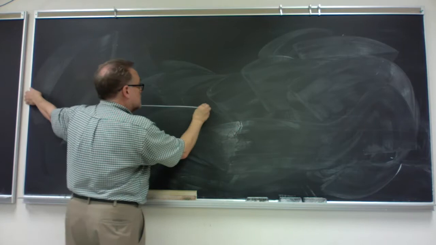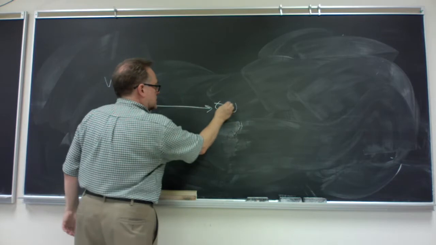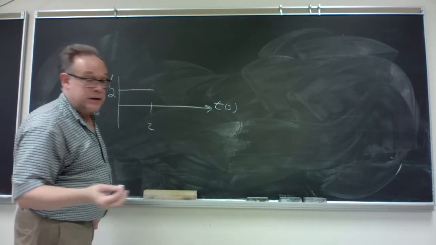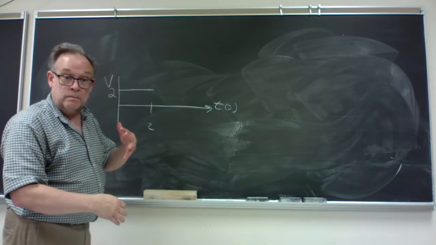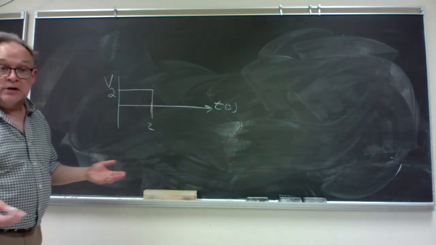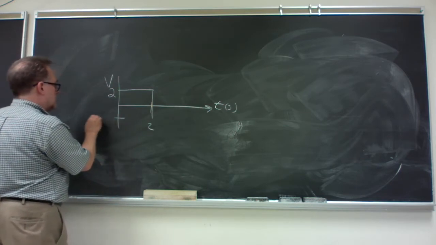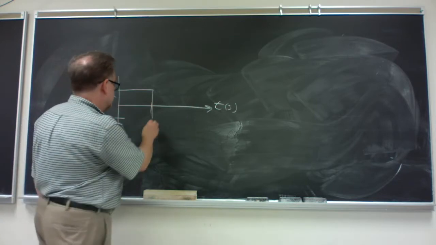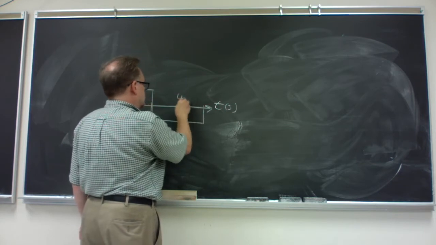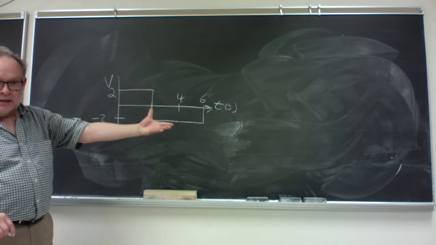Just from 0 to 2 seconds, let's say we have a constant velocity of 2 meters per second again, and then suddenly turn around, switch to negative velocity, but the same magnitude, same absolute value, same speed. Now -2 meters per second. And let's say maintain that same negative velocity until 6 seconds.